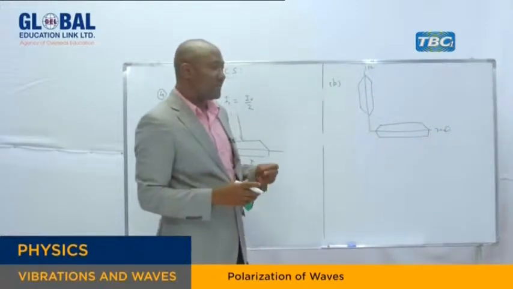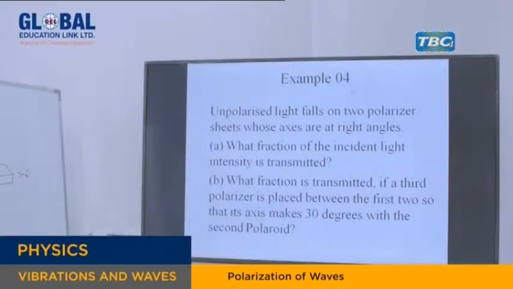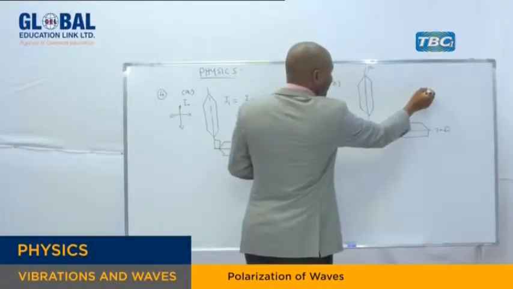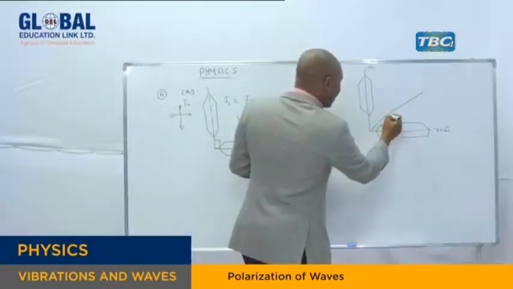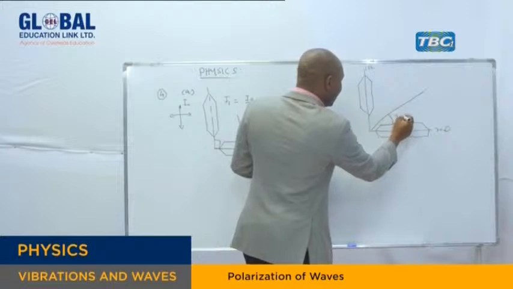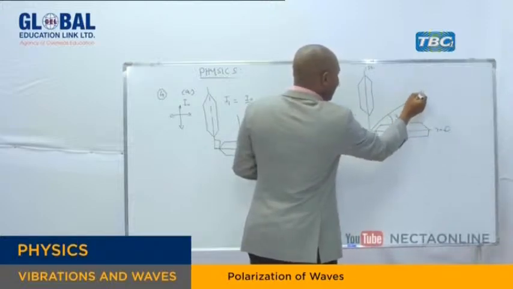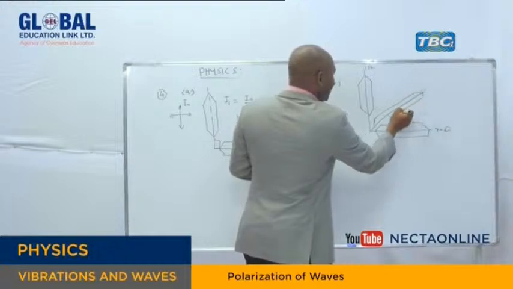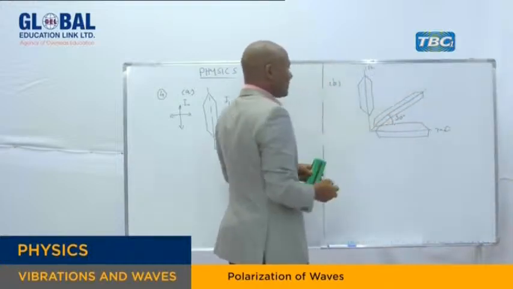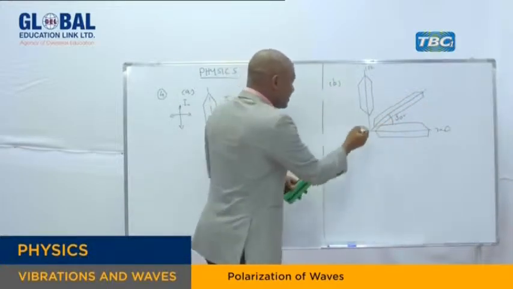And now the third polarizer has been introduced between the two, so that it makes 30 degrees with the second. So this is the angle somewhere. This is the axis of the third one, which makes 30 degrees with the second. That angle here is 30 degrees. So our third polarizer is here.